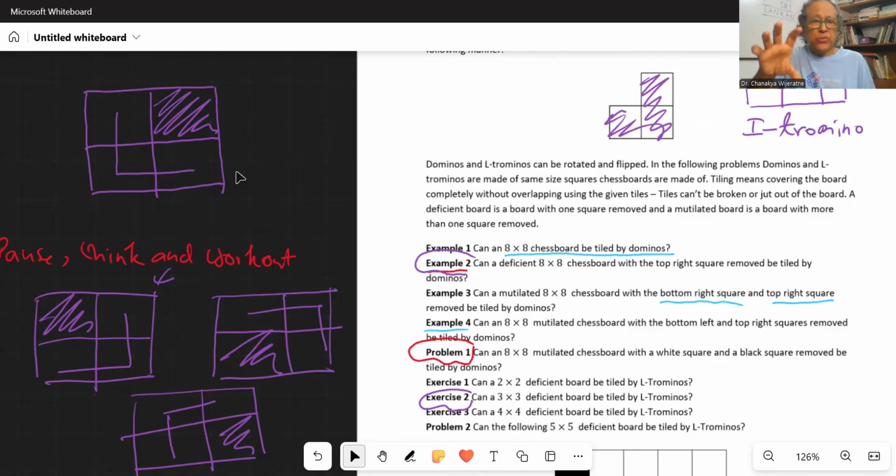So that means that the board should have a multiple of 3 squares, right? So let me write the statement here.